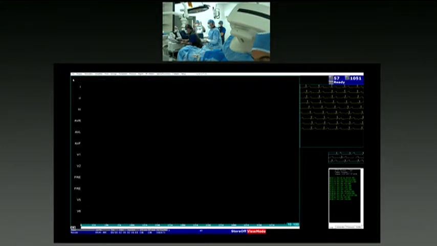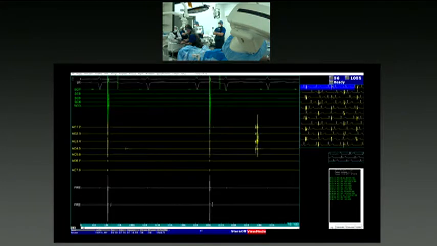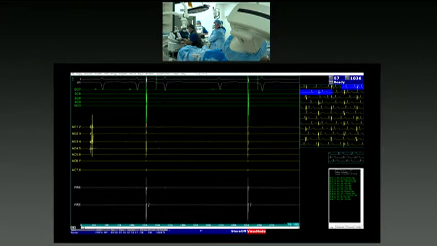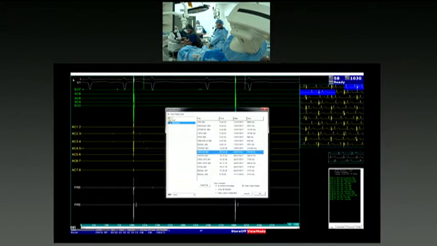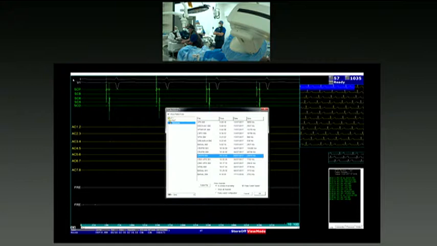Good occlusion. In this case, we use contrast, which is a good grade 4 option. We don't see any leaks in the lower pole of the vein.